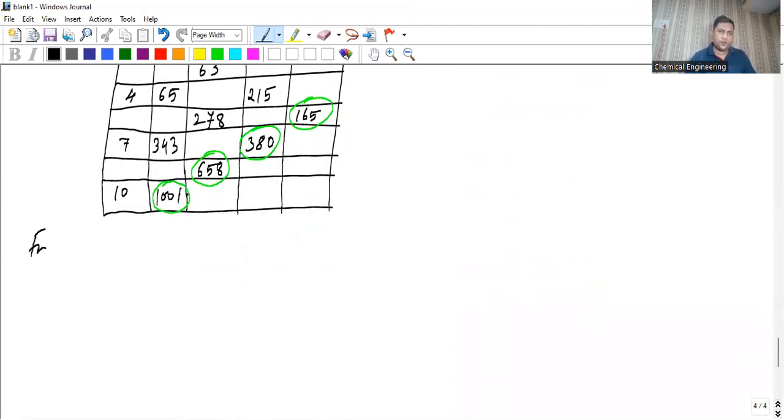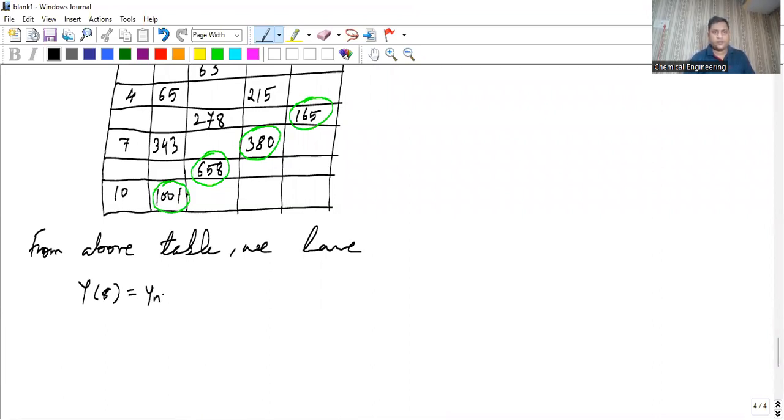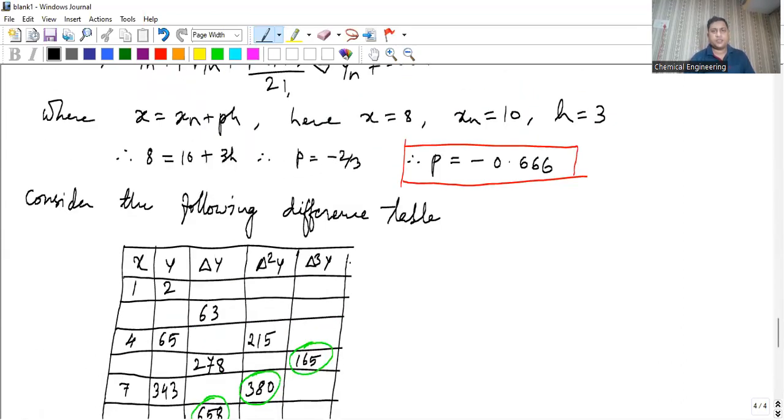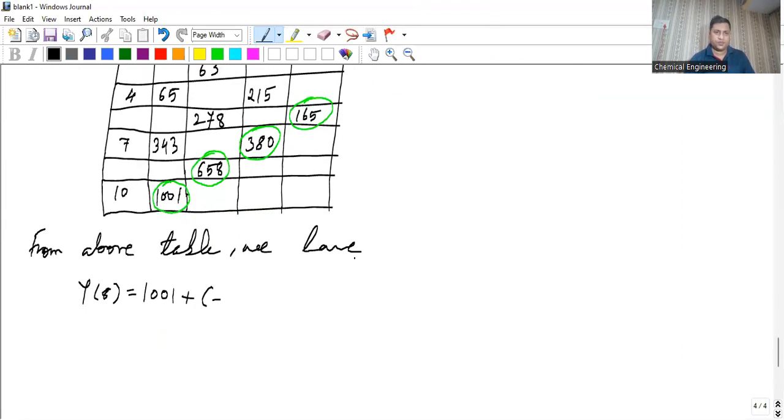Okay. So from the above table, we have y at 8 is equal to yn. So yn is going to be 1001 plus p. So p is going to be minus 0.666.